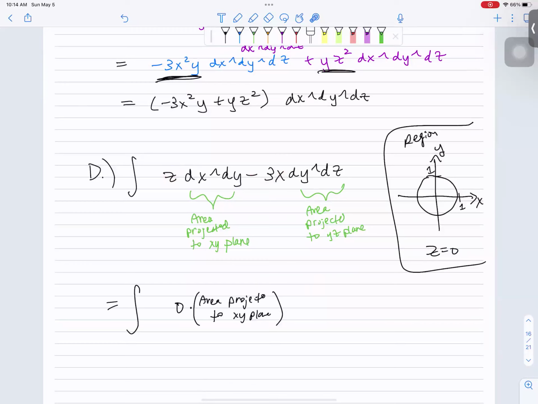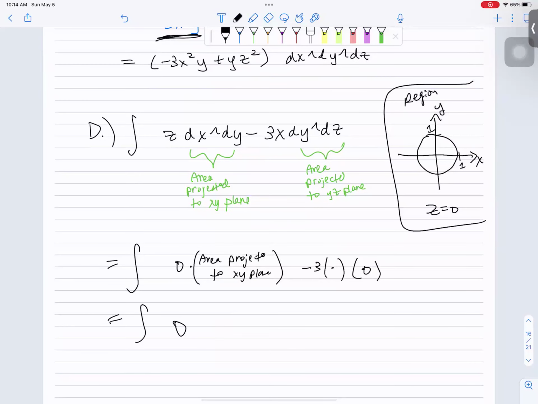And then here I would have minus 3, whatever x is. I'll just put a dot here for now. But what is dy wedge dz? That's the area projected to the yz plane. Well, I have no z at all. I only live in the flat xy plane. So if I try to project to a yz plane, nothing shows up. This is also 0.